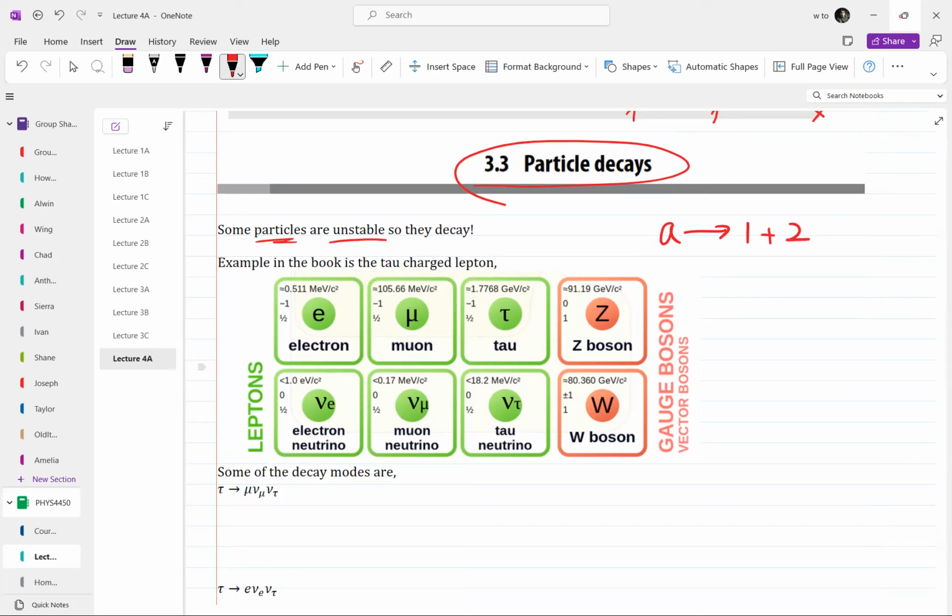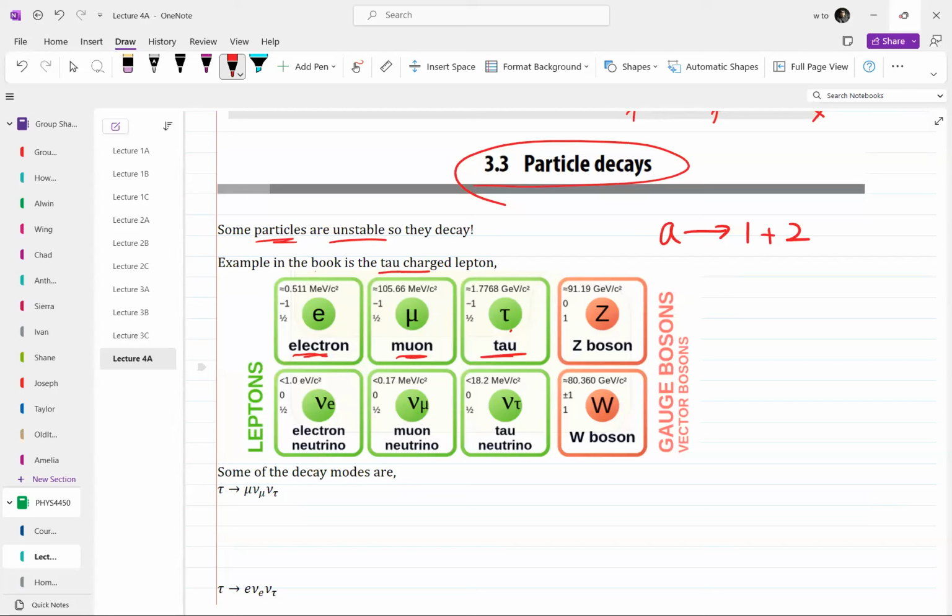And what I want to show you is maybe the tau lepton decaying, right? So the tau in the table of all the particles, this is a subset of them, all 17 particles, this is just 8 of them, right? You have the tau, which is the heaviest charged lepton, where the lightest one is the electron, the middle one is the muon, and then you have the tau, right?